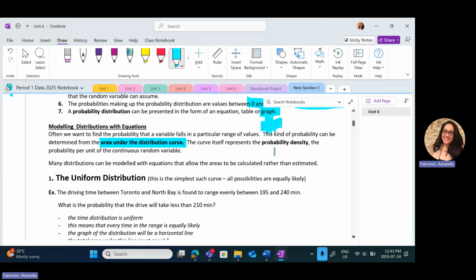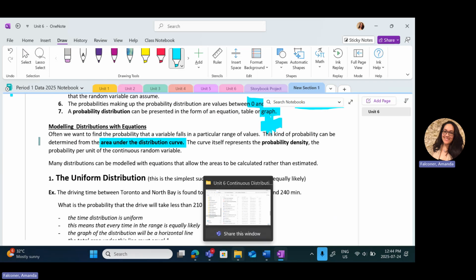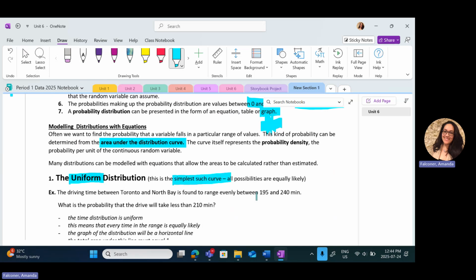The curve itself represents the probability density, the probability per unit of continuous random variable. Many distributions can be modeled with equations that allow the areas to be calculated rather than estimated. So the first one we look at with these curves is the uniform distribution. It's the simplest of all of them because all possibilities are equally likely.